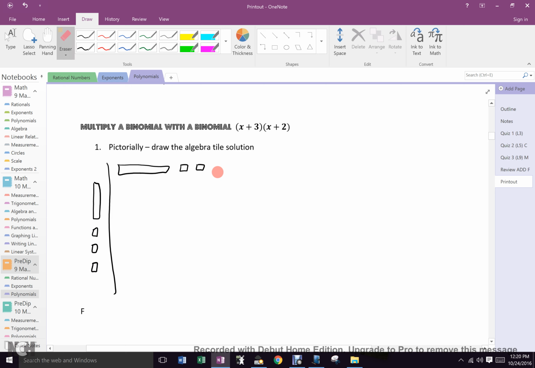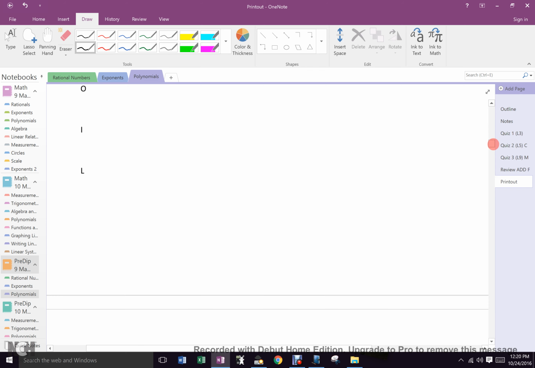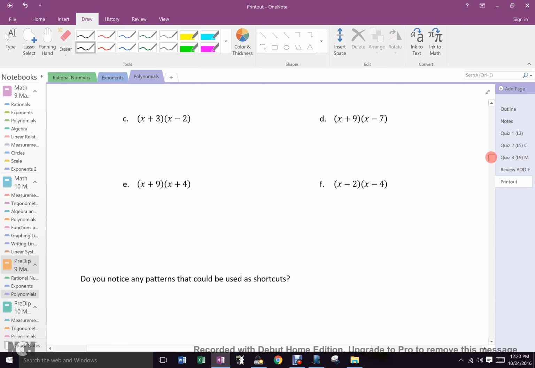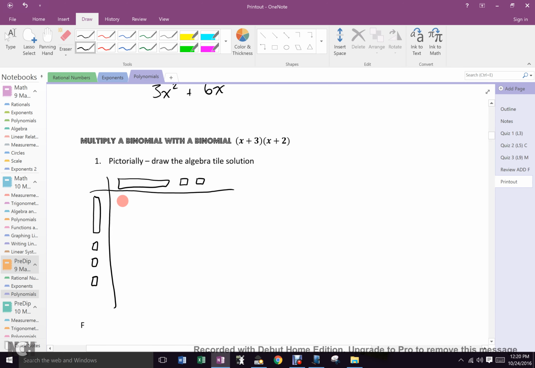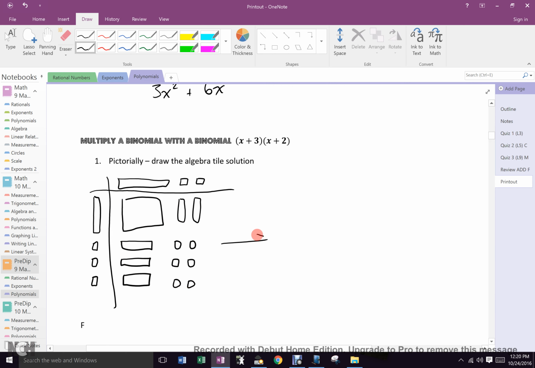And what goes in the middle? So what is our answer?